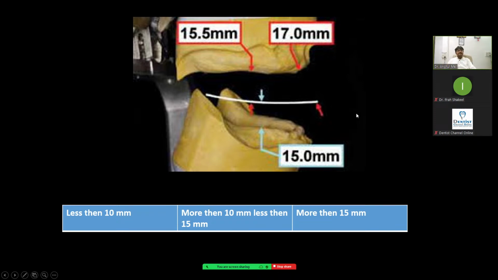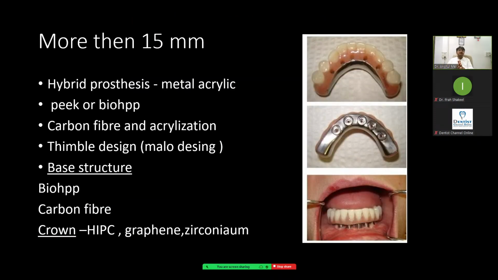There are three divisions, and this is the solution we are giving. If it is more than 15 mm, you have huge height, so you should use acrylic. You have sufficient height of acrylic, so it will not fracture, and you can use a lightweight or hollow titanium bar, or a large PMMA or PEEK material with a thimble crown on top, or a zirconia crown on top of it.